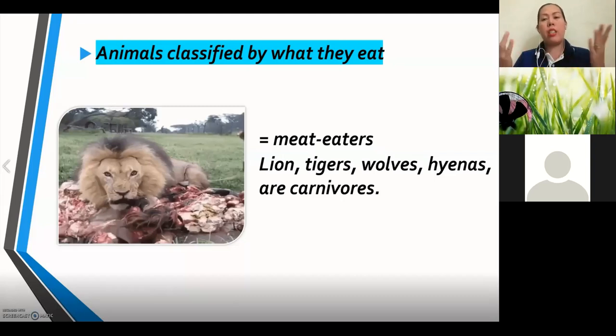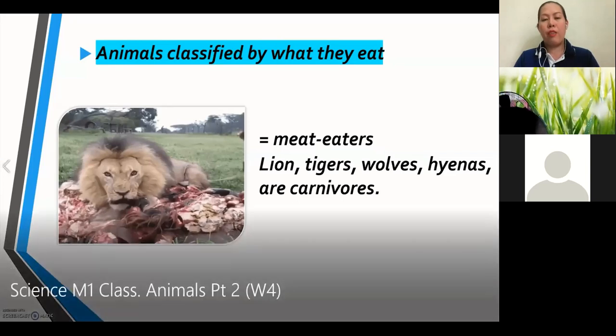And some sea creatures swim really fast because they look and chase for their food. But others like spiders and snakes put poison or venom on their victims so they can kill and eat them. Okay, so that is the carnivores.